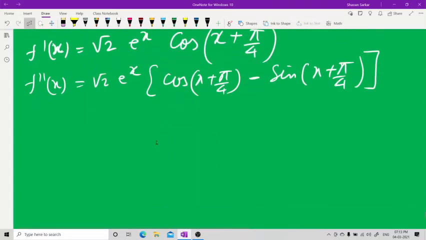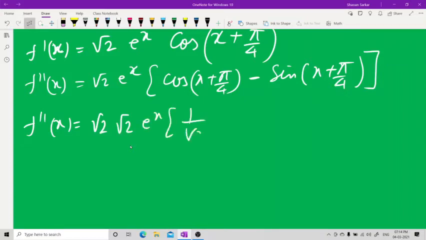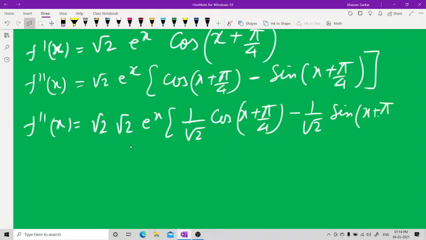Now as usual, f double dash x is equal to under root 2, take another under root 2 here, e to the power of x times 1 by under root 2 cos x plus pi by 4 minus 1 by under root 2 sin x plus pi by 4, inside a big square bracket.